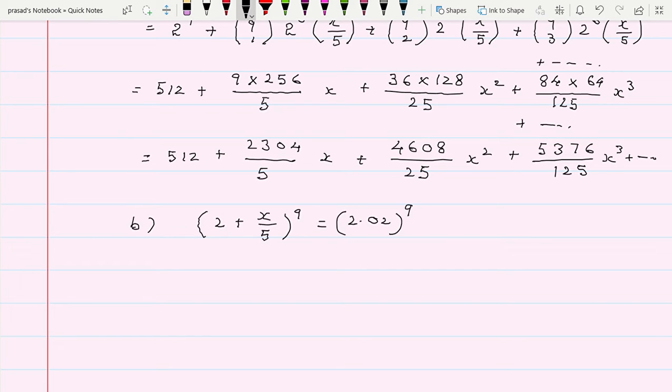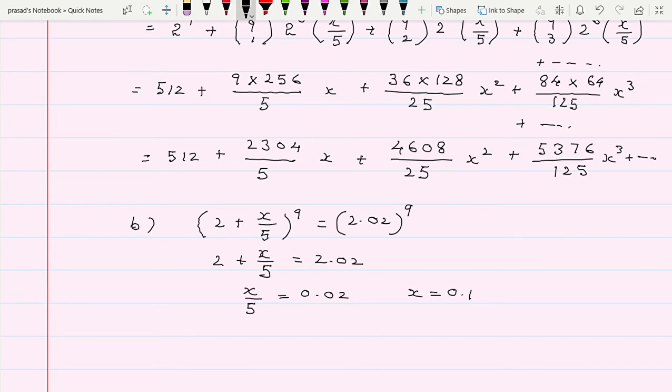Since both brackets are raised to power 9, I can equate the quantities inside the bracket. So 2 plus x upon 5 is 2.02, which means x upon 5 is 2.02 minus 2, that is 0.02.